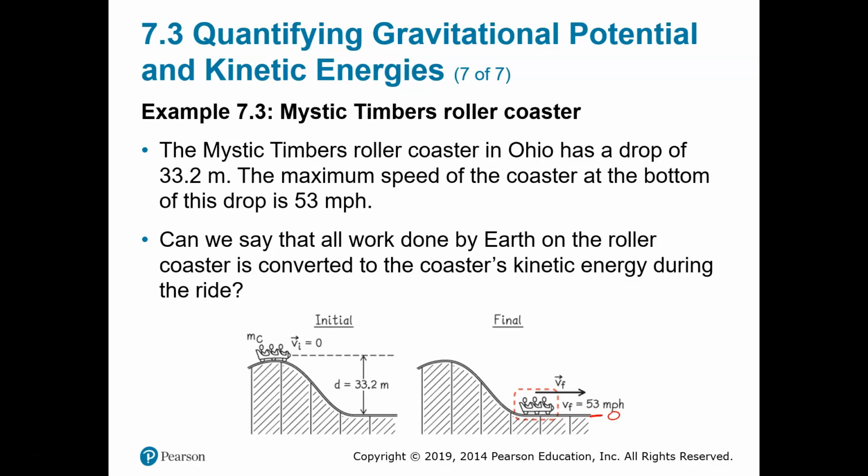So let's go ahead and create an energy chart, a work energy bar chart. What are we going to get from here? We're going to have that the initial kinetic plus the work done should equal the kinetic final plus any change in internal energy. Ideally, that would be 0 if everything went straight to kinetic energy. So initially, the roller coaster is at rest, so that means this is at 0.